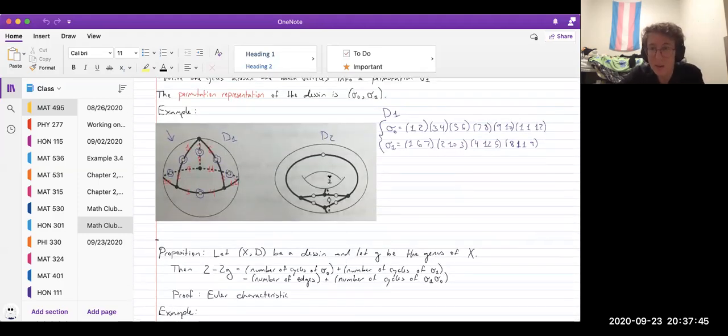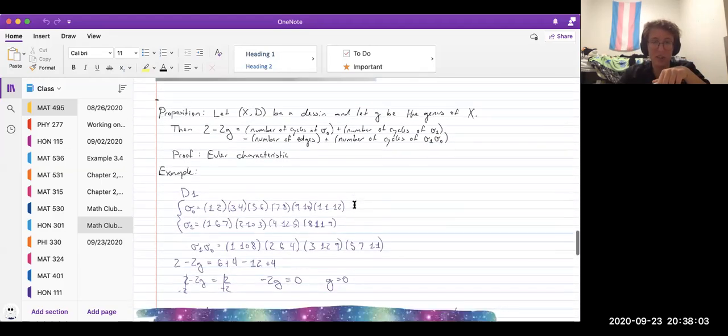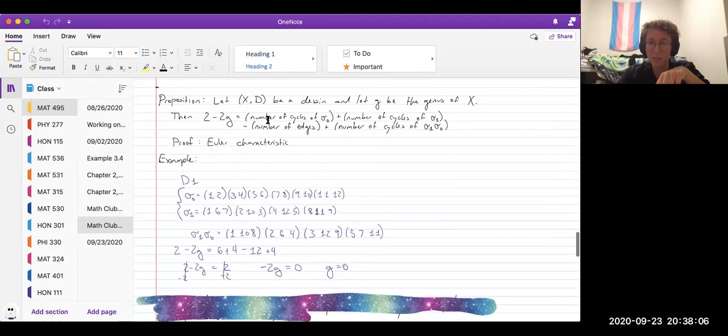So the way the edges are positioned relative to each other matters, because it changes the permutation representation, which changes what genus you get when you put it into this equation. That's why you can't just consider abstract graphs floating in space, because for an abstract graph it doesn't matter where each edge is relative to the other edges. But for dessins, it does matter, because it affects what genus you're on.